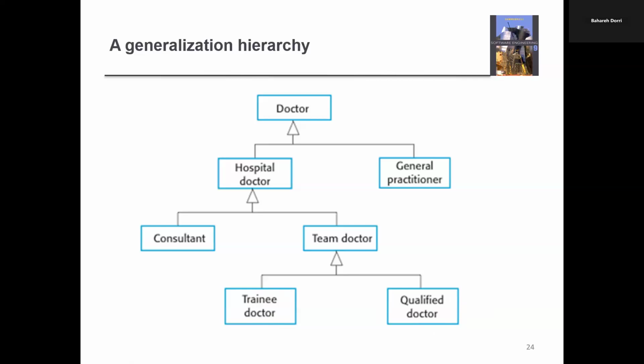The base class doctor defines shared attributes, and as you move down the tree, subclasses add their own unique details or override inherited behaviors. This is a great way to manage complexity in your system rather than rewriting the same data and logic for every kind of doctor. We build it once and reuse it through inheritance.